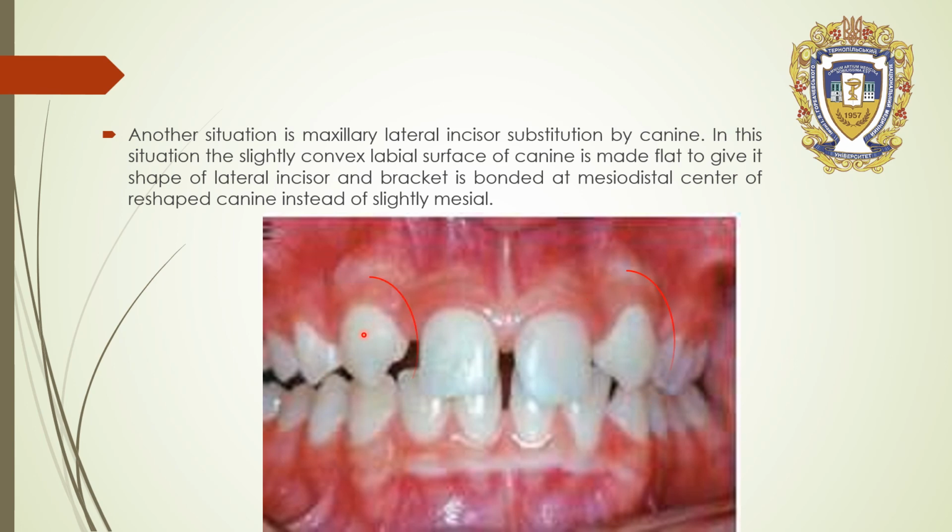Do you remember, doctors? Classically we need to place the bracket slightly mesial, but in case of primary adentia of upper lateral incisors, and in case of treating this patient with mesializing of canines to the place of lateral incisors, we need to position brackets more distally.